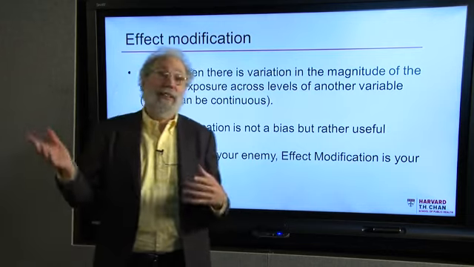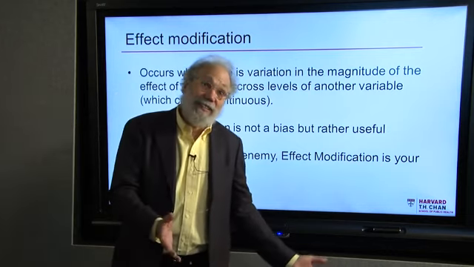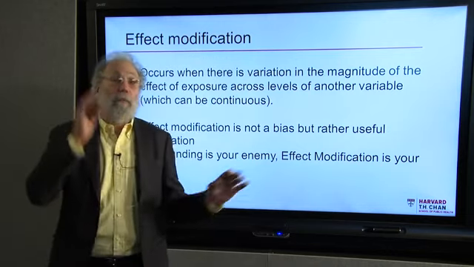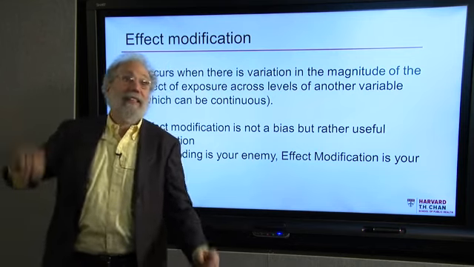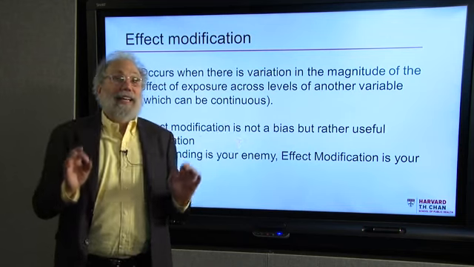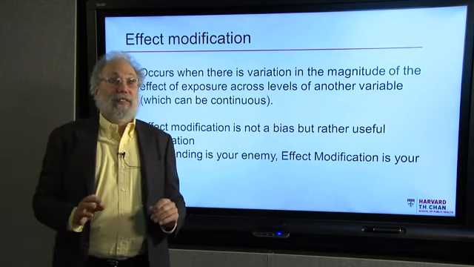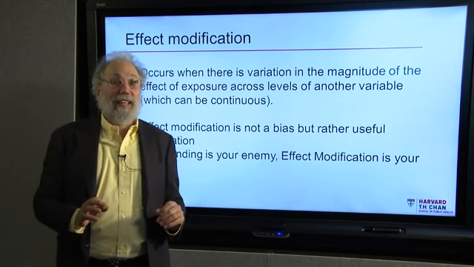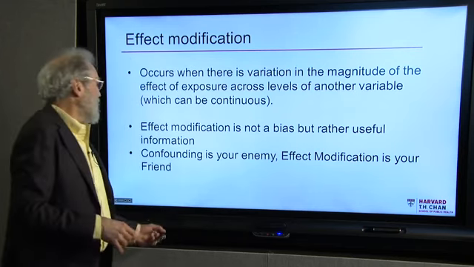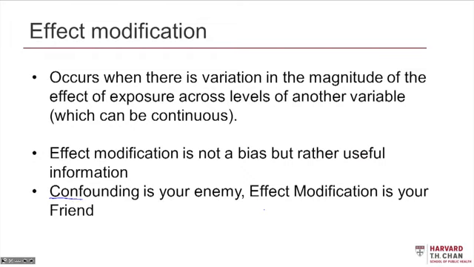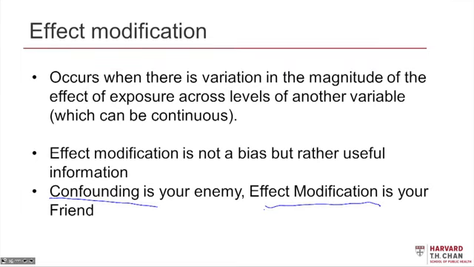For example, if you do a study that only has children, that's fine, right? You don't have a biased effect estimate. It merely doesn't apply to the elderly. It's, in fact, very useful information when you can detect effect modification. So the basic rule is that confounding is your enemy, but effect modification is your friend.